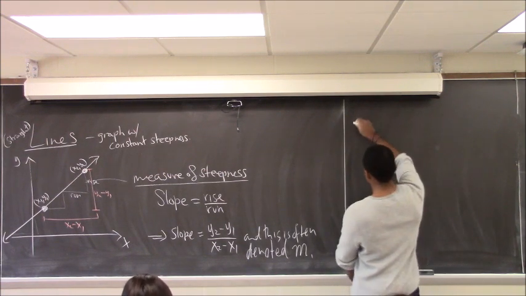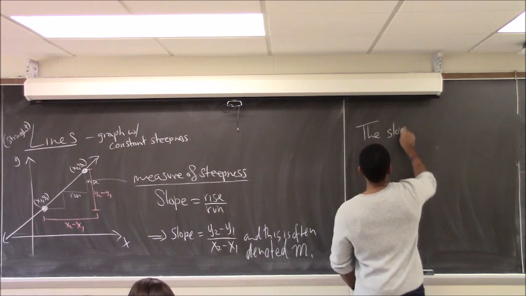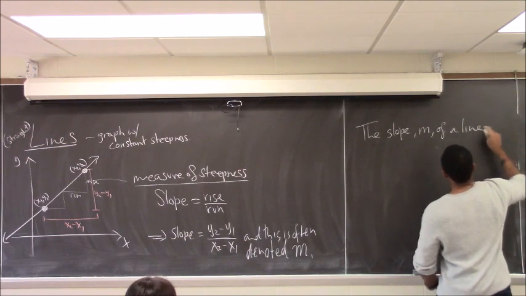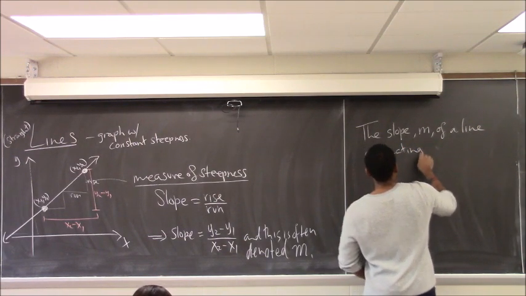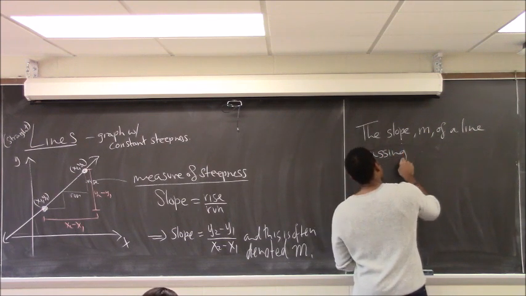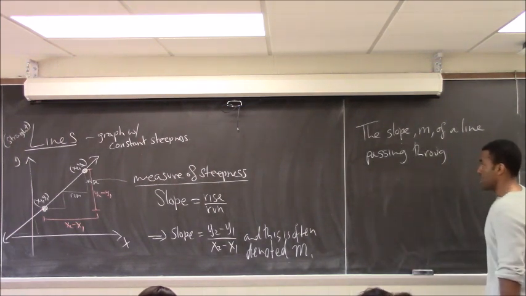This leads us to the first important equation, the slope m of a line connecting or passing through two points. If it doesn't go on forever, we call it a line segment.